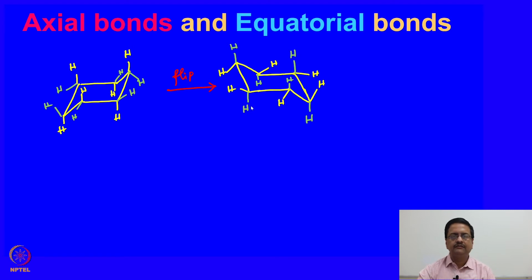And this ring flip happens always at room temperature because both the conformations are of the same energy. Therefore, we do not distinguish between these two different conformations. So what we wanted to indicate here is that the ring flip makes an axial bond equatorial and an equatorial bond axial.